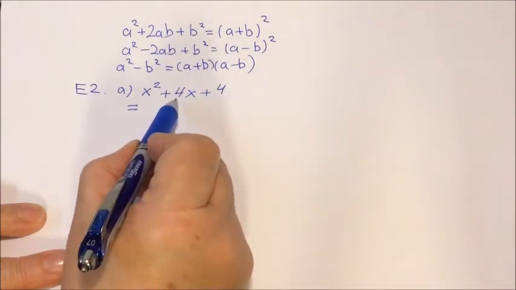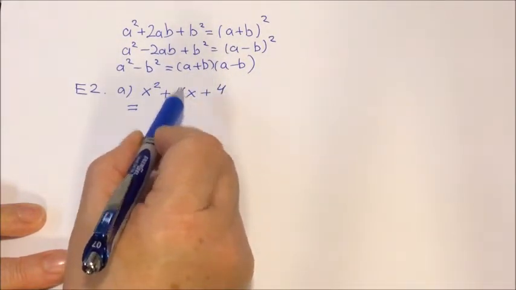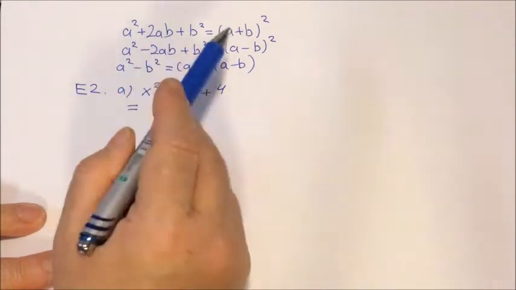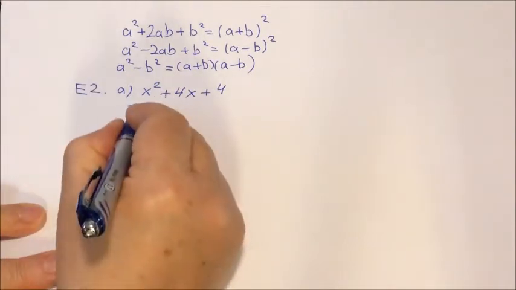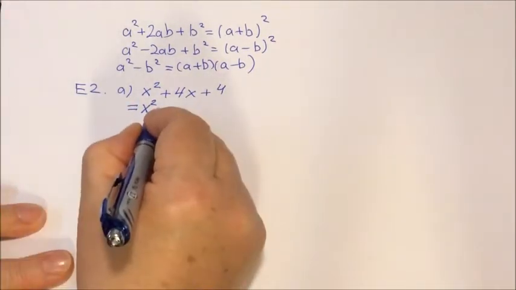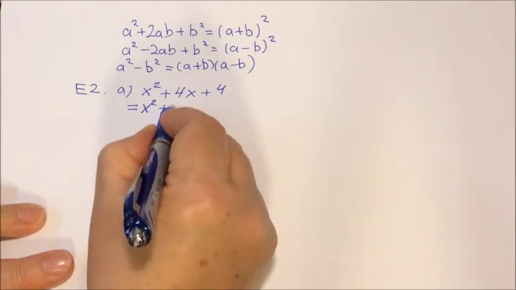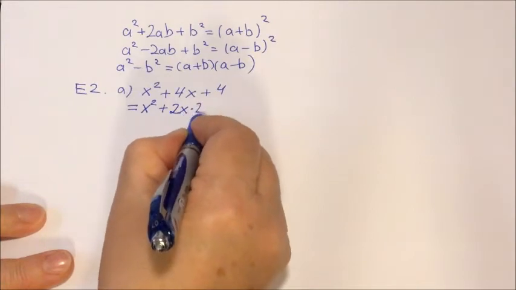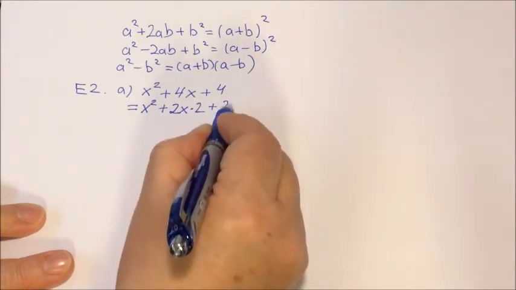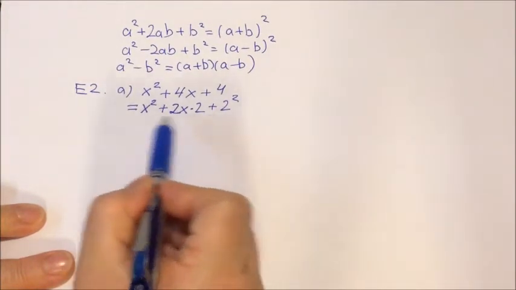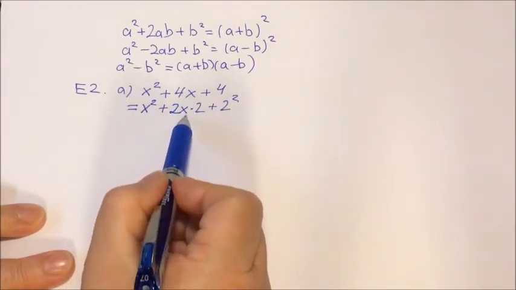So can we write 4x as 2 times x times 2? Actually, it is 4x. So if we write it like this, x squared plus 2 times x times 2 plus 2 squared, this is the same polynomial as above.